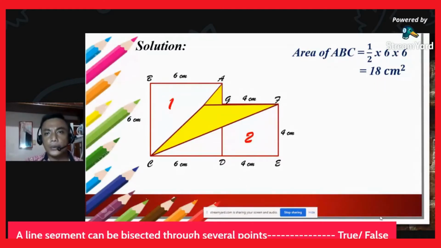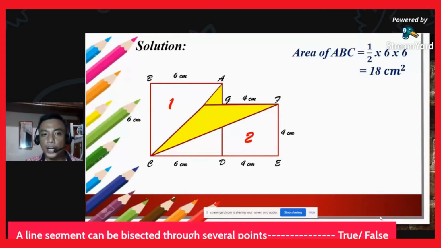Next, we're going to compute for the area of triangle CEF. First, what is the base of triangle CEF? Very good. It is the sum of 6 and 4, and its height is simply equal to 4.